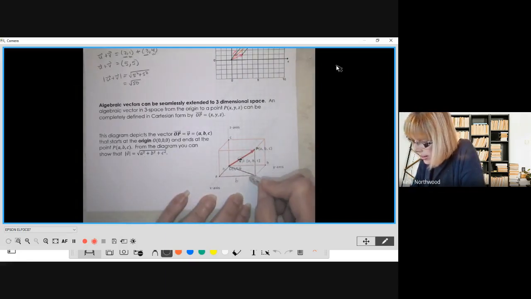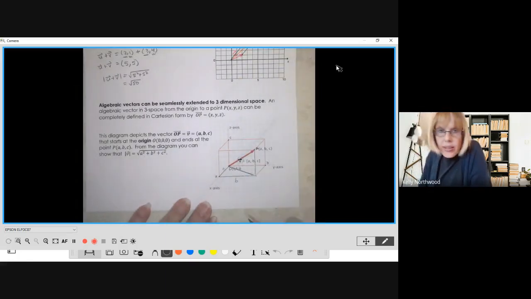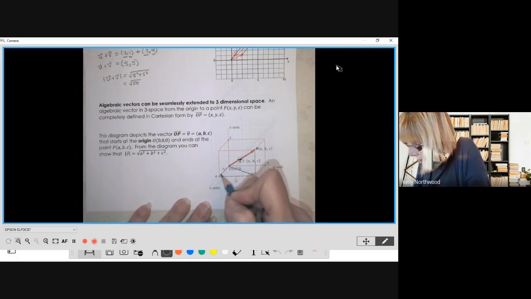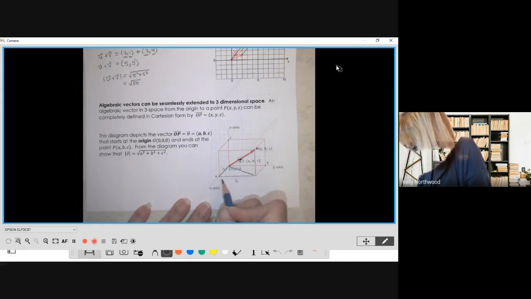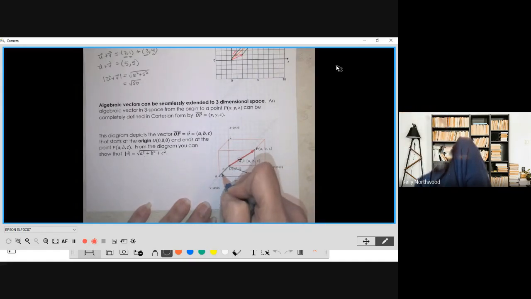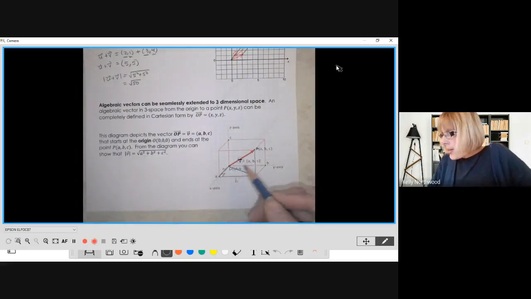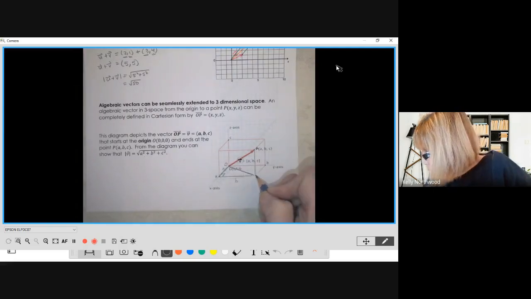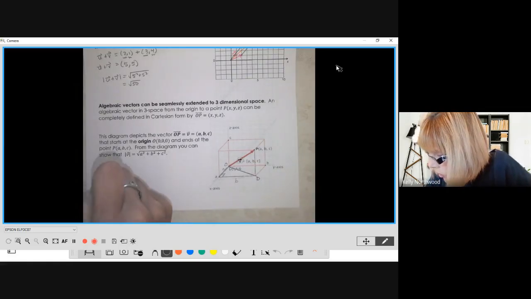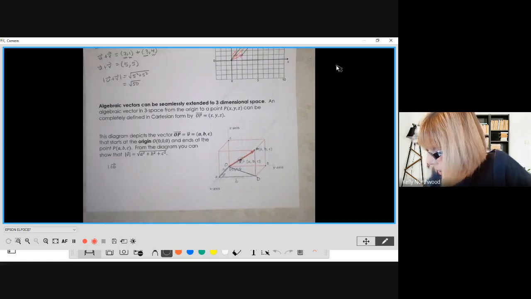If this is the x-axis and this is parallel to the y-axis, then this is a right angle here. So that's a right angle triangle. So I'm going to call this O, and I'm going to call this point over here D. So if I want the magnitude of vector OD squared, I can use the Pythagorean theorem. It's going to be little a squared plus little b squared.